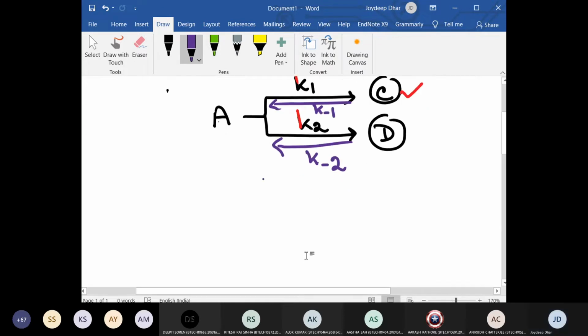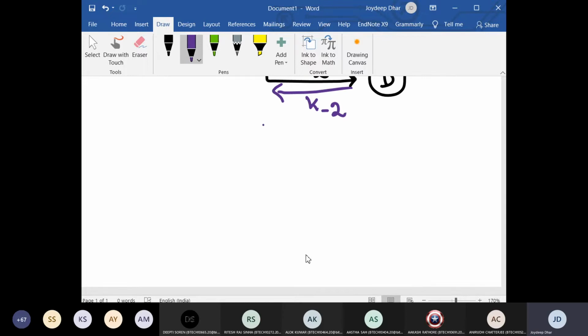So a reaction schematically if I show, then let's say this is your energy scale.